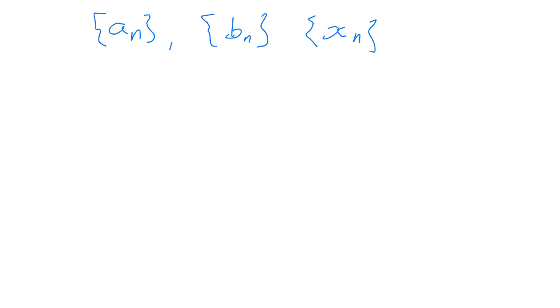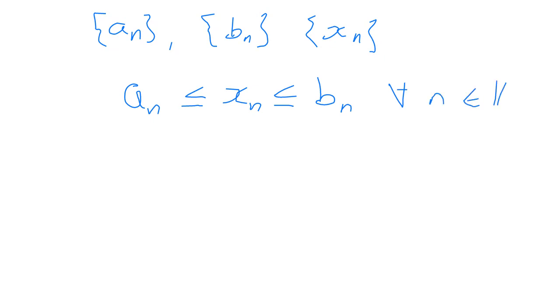So let A n, B n, and X n be sequences such that A subscript n is less than or equal to X subscript n, which is less than or equal to B subscript n for all n in the natural numbers.